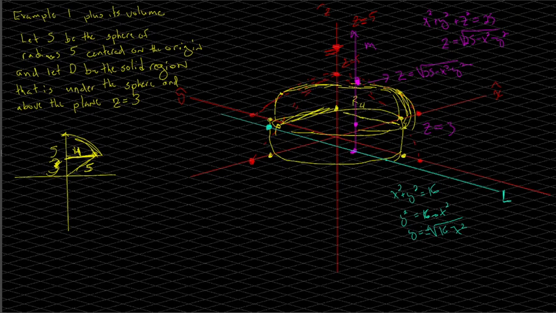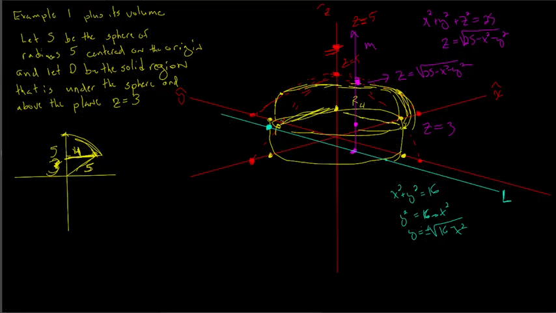And so now we have enough to really get our integral together. If we take our z value, our z is going to enter at 3 and leave at the square root of 25 minus x squared minus y squared. Our y is going to enter at negative the square root of 16 minus x squared, and leave at the positive version of that.